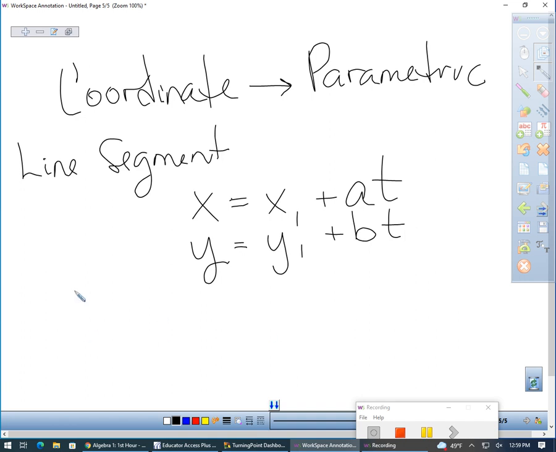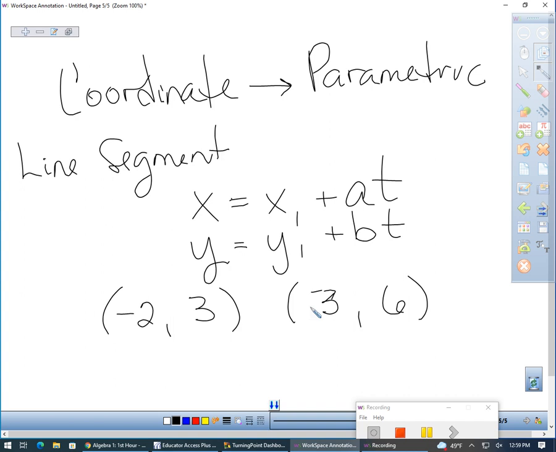If I give you 2 points, so let's say our first point, we're going to use the point negative 2, 3. And our second point is 3, 6. So it's a line segment between these 2 points. Okay? Everybody can picture that? Line segment between those.